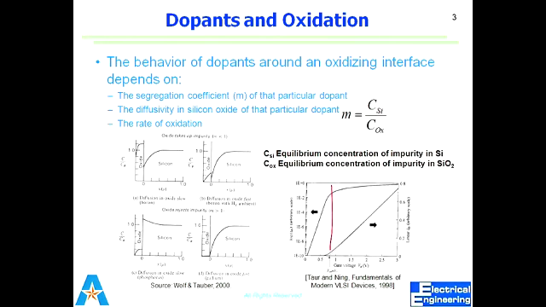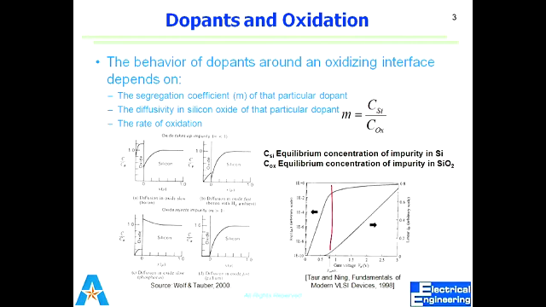Now I hope that after this example you have understood what the segregation coefficient means. If a particular dopant has M greater than 1, its equilibrium concentration is higher in silicon as compared to silicon dioxide.